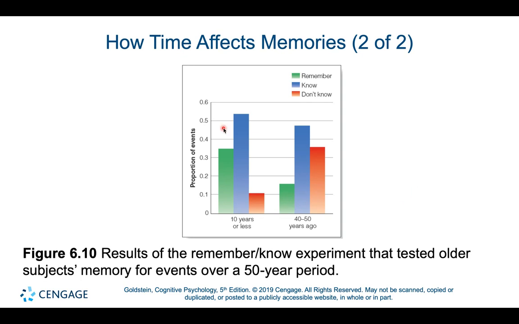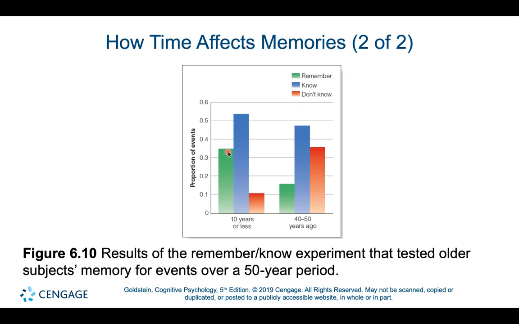And we see this in experimental data. Here we have people's own judgments about a memory that was either 10 years or less ago or 40 to 50 years ago. This is obviously with an older population. Now, people could choose whether they remember the event, whether they just know that it happened, or whether they're unsure and they don't know that it happened.